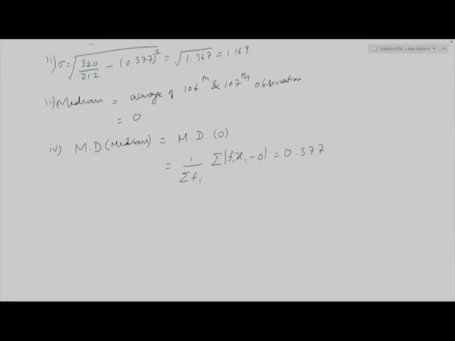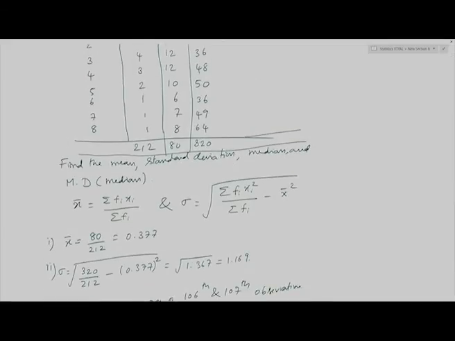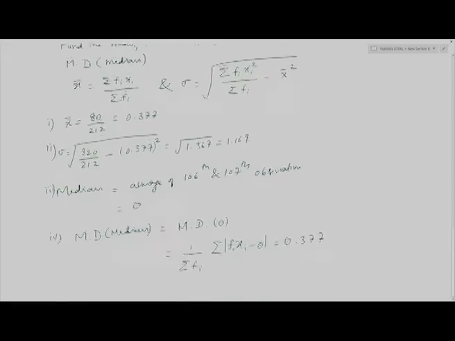So, given this sample, the median and mean deviation about the median give a correct picture of the sample, whereas the mean and standard deviation that we calculated are totally distorted by the extremely high value, 181.